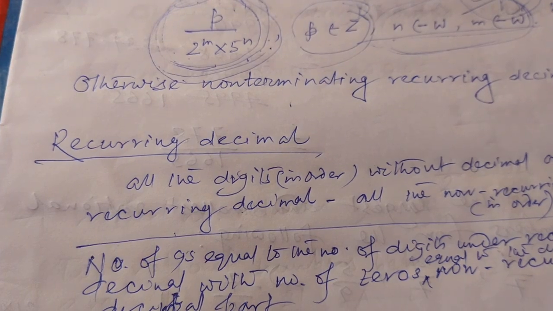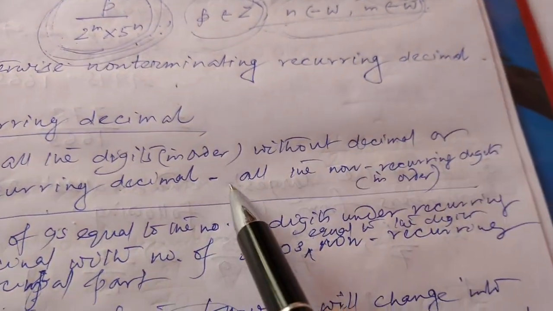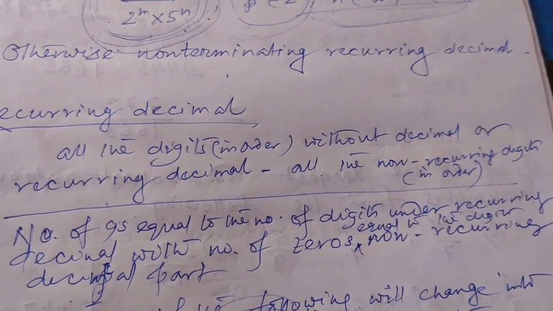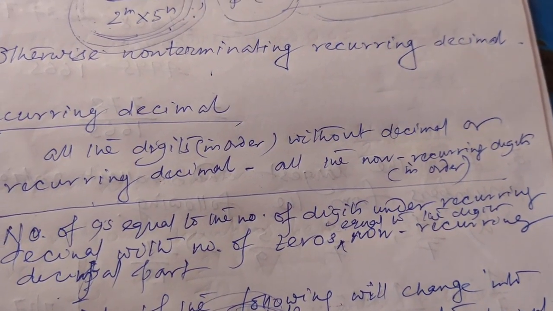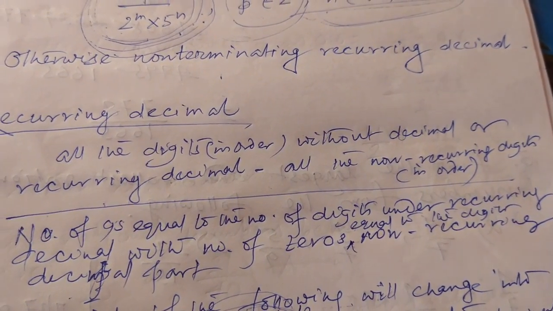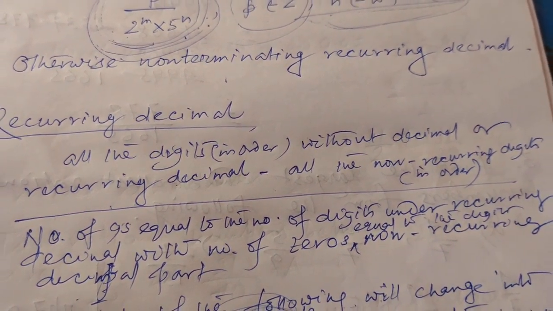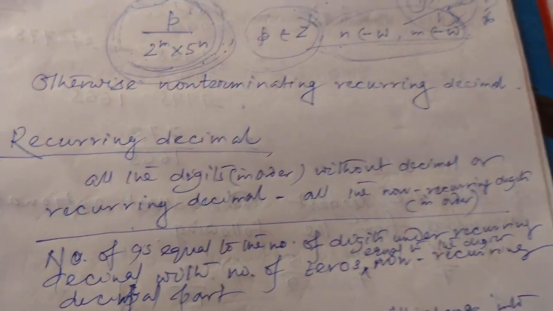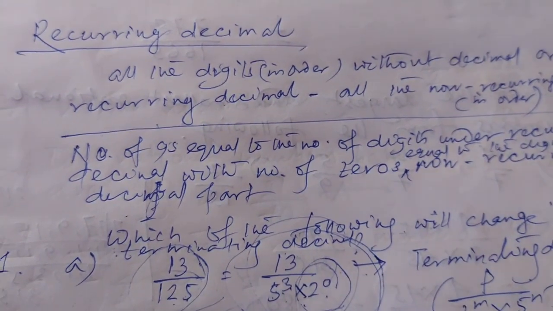We will just write the digits in the number in order, minus all the non-recurring digits, also in order, leaving the decimal symbol. If there is any decimal symbol in between, we'll ignore it. Only the recurring part we will leave. Then, divided by, we'll write the number of nines.